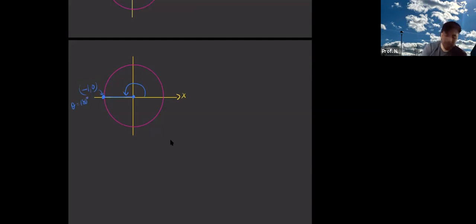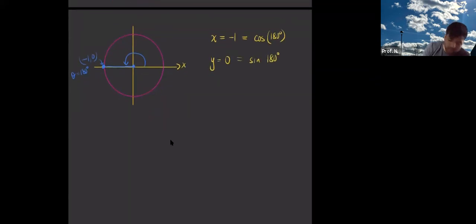Remember, the x-coordinate represents cosine of the angle, so -1 represents cosine of 180 degrees. Y is 0, which represents sine of the angle. What did I just discover? Cosine of 180 degrees is equal to -1. Sine of 180 degrees is equal to 0.